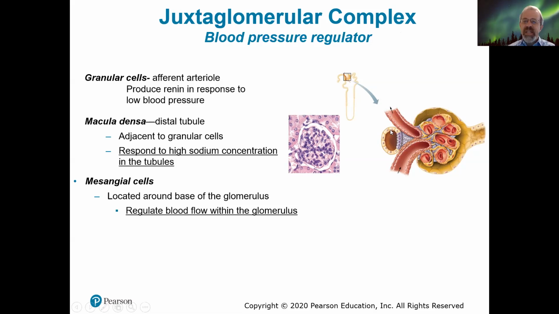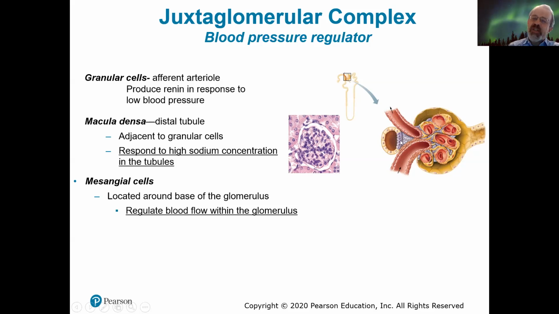This, by the way, is the distal tubule. These purple cells are called the macula densa. We also have granular cells, which you can see right along here, and mesangial cells, which are kind of hard to see, but they're located here.